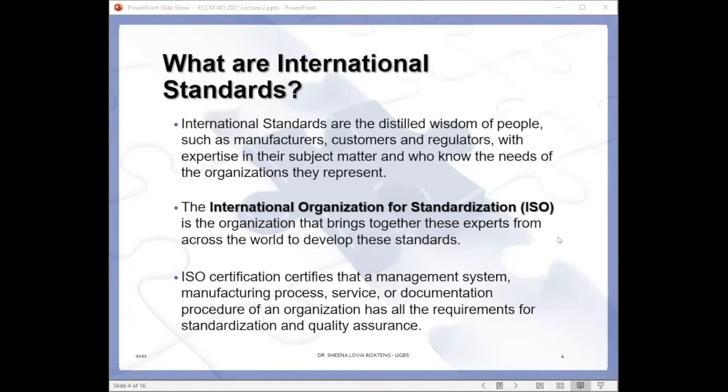So in essence, the International Organization for Standardization is mainly there to publish these standards to guide organizations to make sure that they keep up to date with their standardization and quality assurance activities as is practiced in other parts of the world.